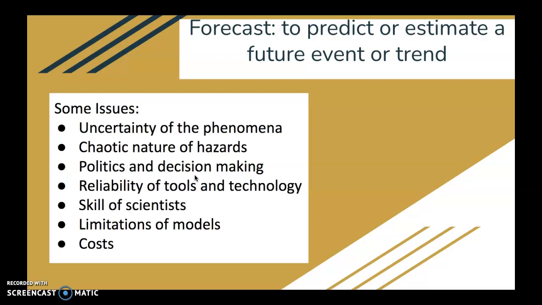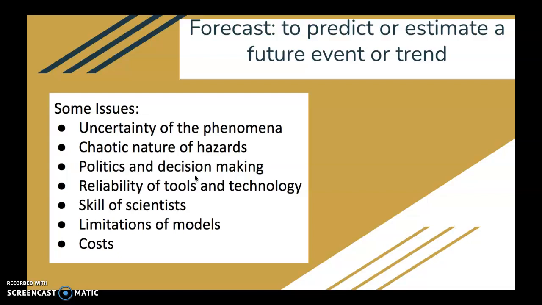So it depends on access to those resources, as well as the skills of the scientists that are doing the work. And always, we've talked this year a lot about models, but every model has a limitation. So when we make a model of a hurricane or a model of a system, it does have limitations. And so those limitations do affect our ability to use them to forecast what is coming.